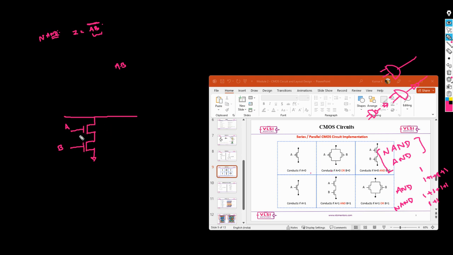Whatever circuit is there in the bottom, now that becomes parallel, and this becomes A and this becomes B. Now, say this is going to be your Z.